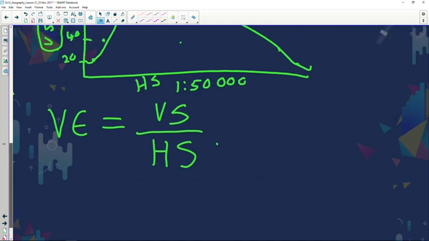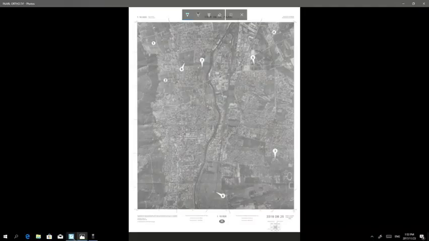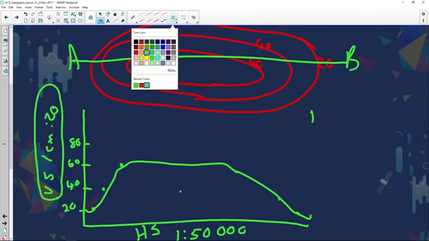Now, if I ask you to calculate the vertical exaggeration on an orthophoto, keep in mind, the vertical scale will be provided by the examiner. And what is the vertical scale? Let's just quickly go back to our notes. This is the vertical scale over here.